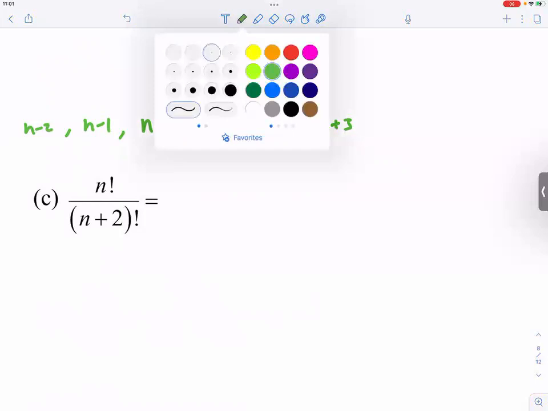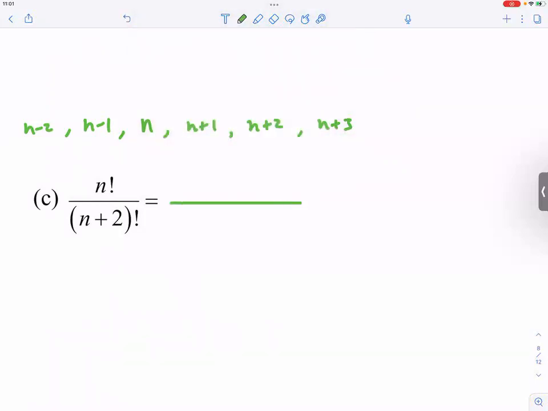Okay, so if you think about this, the n factorial, you can just leave it as n factorial. But for the denominator, you will have n plus 2 times n plus 1 times n factorial.